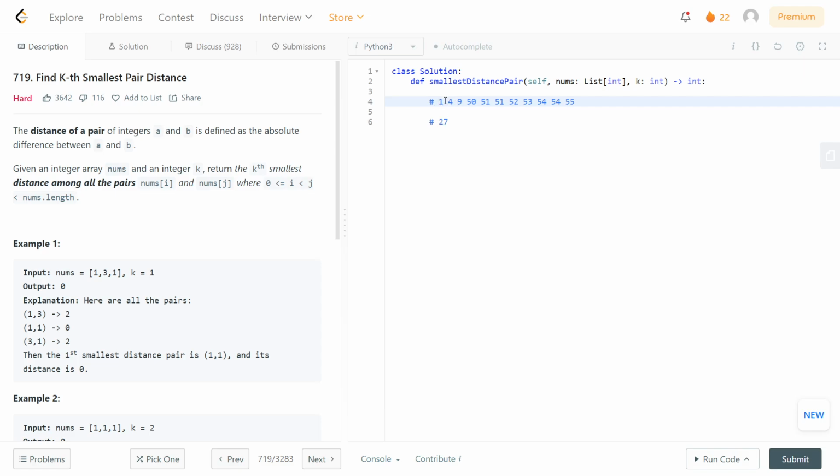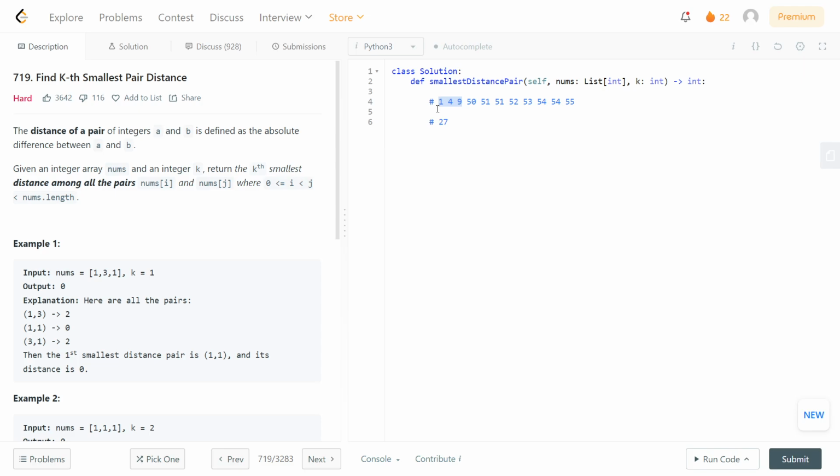If the distance is less than 27, then we just increase right and add this pair. Here it's also satisfied, so we can make 2 pairs out of these numbers: 1 and 4, and 4 and 9.